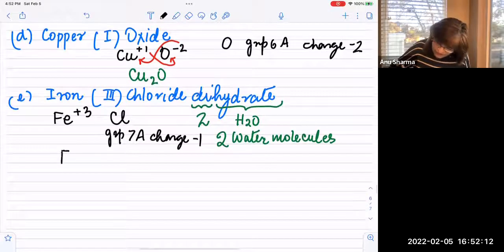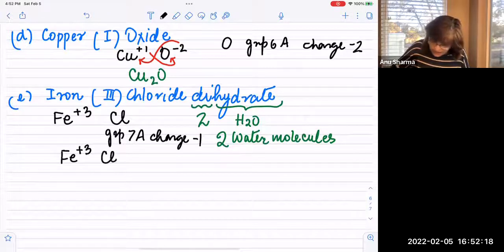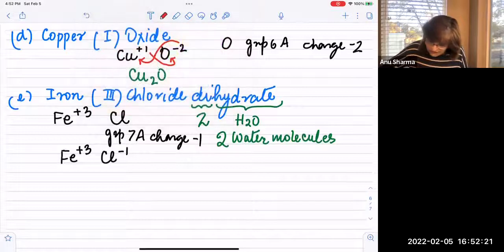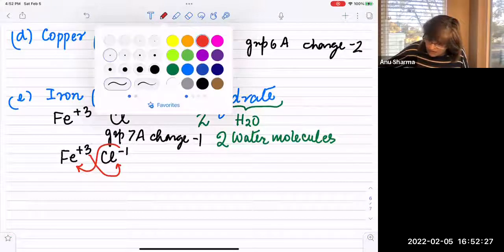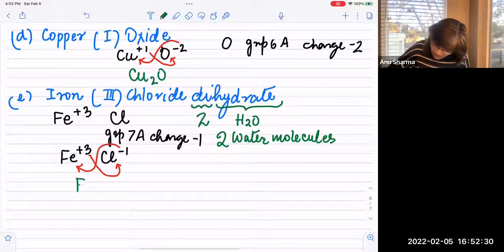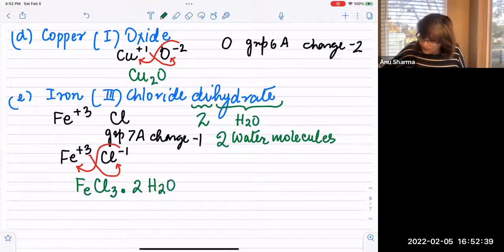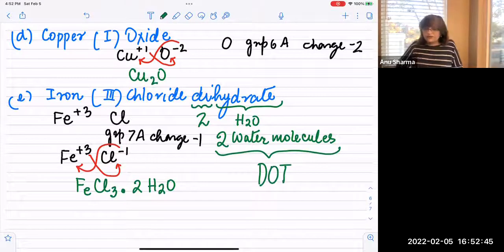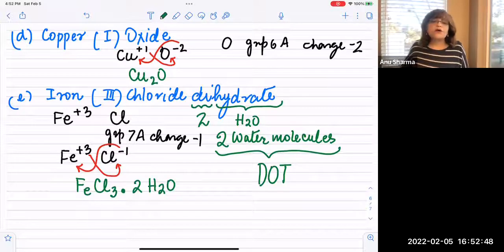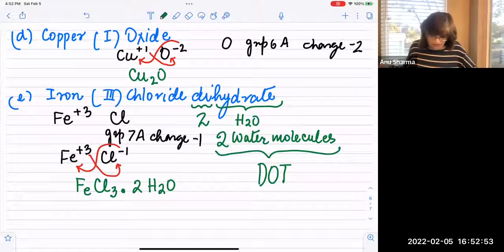So we write Fe +3, chlorine -1, and we crisscross. This number comes here and this number goes here. So you have FeCl3 dot 2 H2O. You put the water molecules after a dot. If you have, let's say, pentahydrate, it would mean dot 5H2O. So that's the deal with hydrates and naming them.